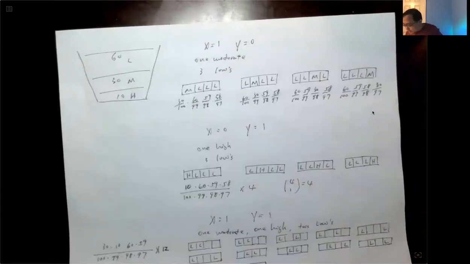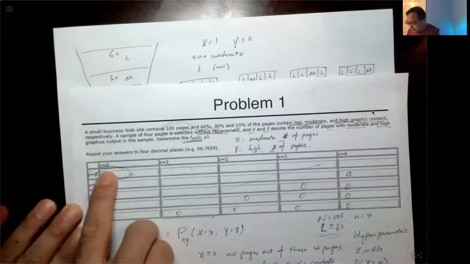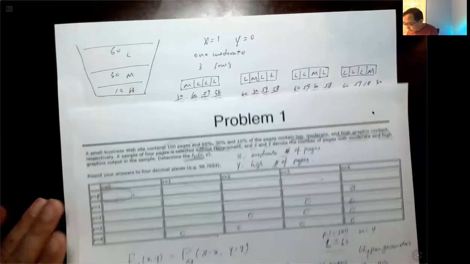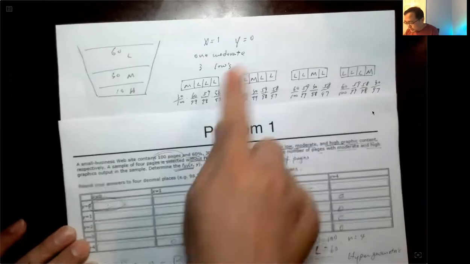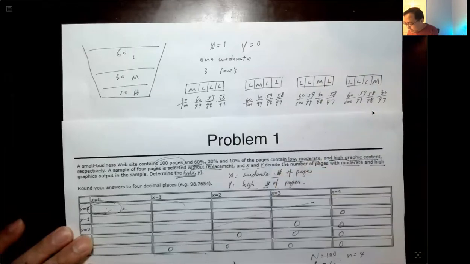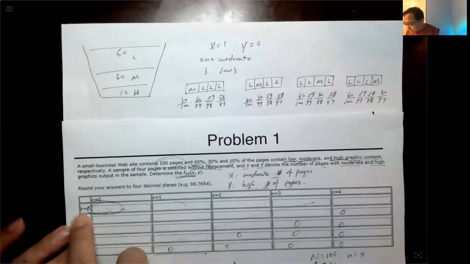Let's say in the class, we talked about x equal to 0, y equal to 0, right? And let's look at another case, x equal to 1 and y equal to 0. What's the probability? So what does x equal to 1, y equal to 0 mean?